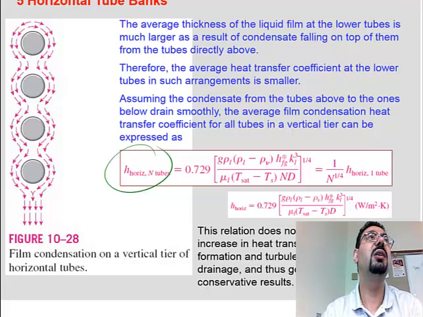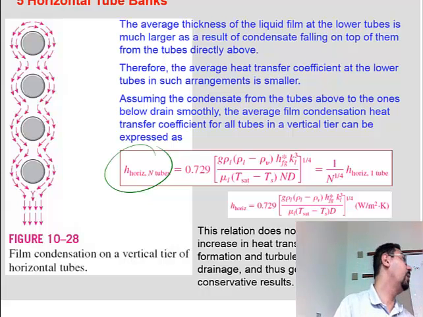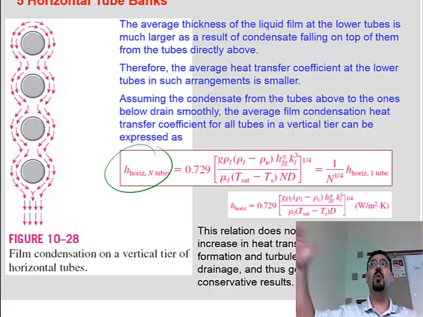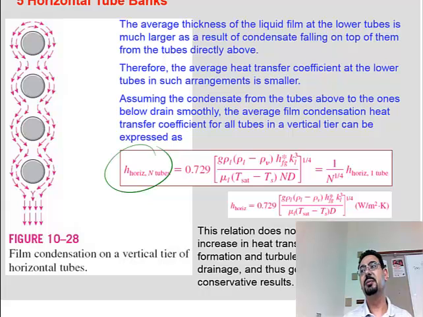If you have a bunch of cylinders that are condensing one on top of the other, I'm asking about the h, not the Q. Of course, the total Q will get bigger because more and more area. But the h would increase or decrease? Why?